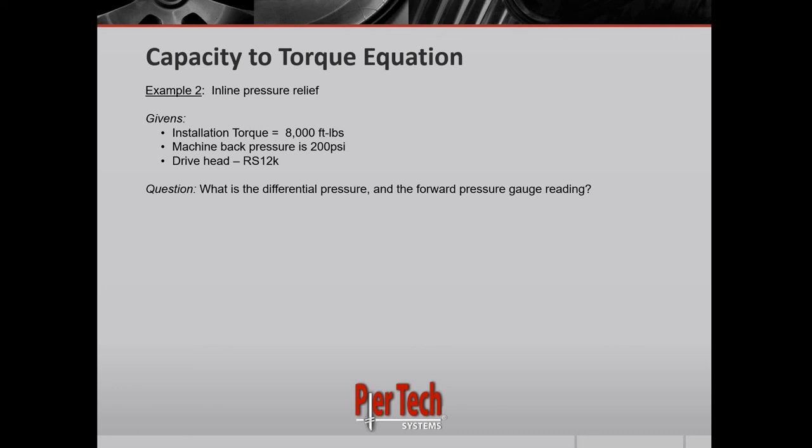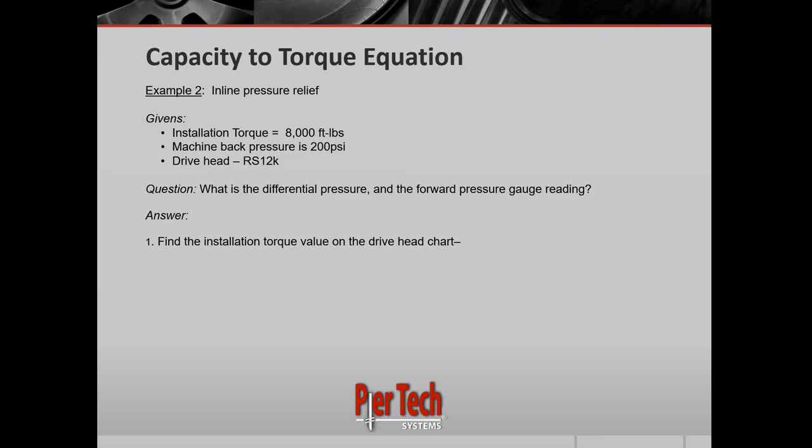We need to determine the differential pressure and the forward pressure gauge reading. I'm going to give you a second to determine the first step. The first step is to find the installation torque value on the drive head chart.